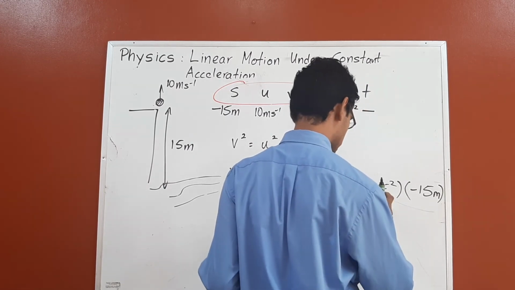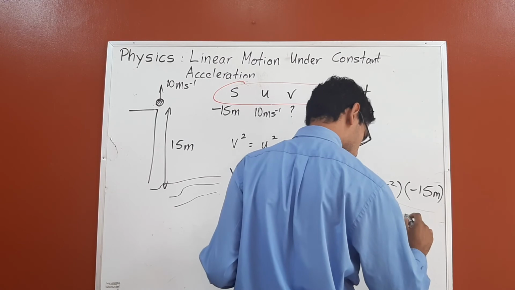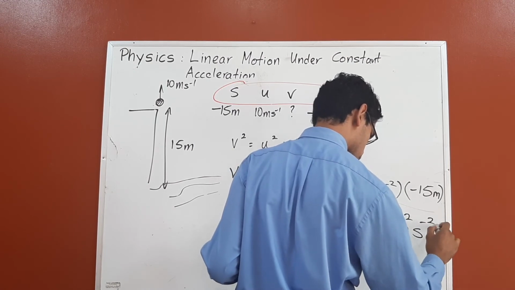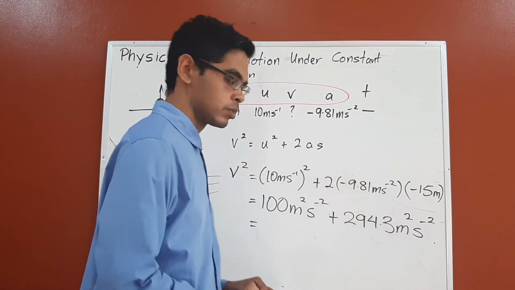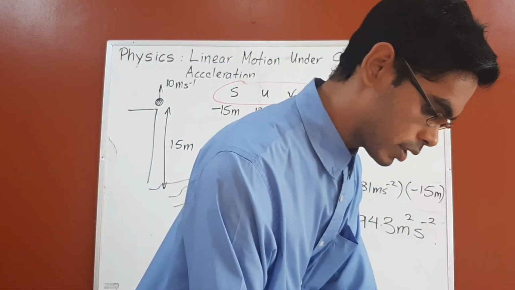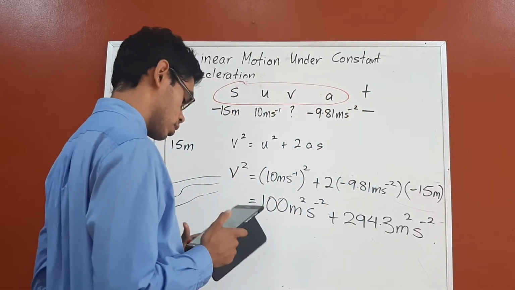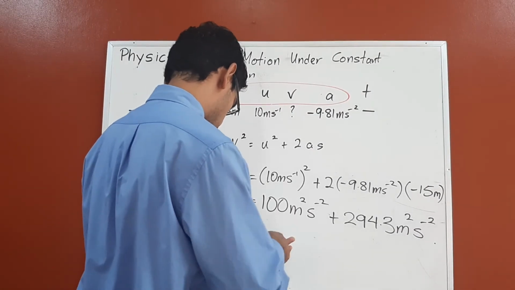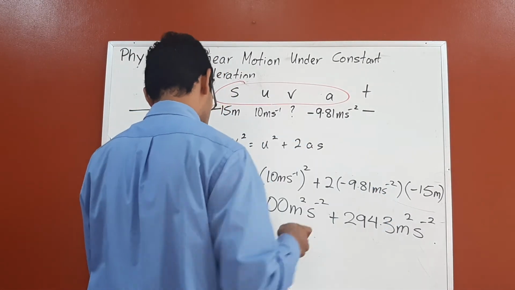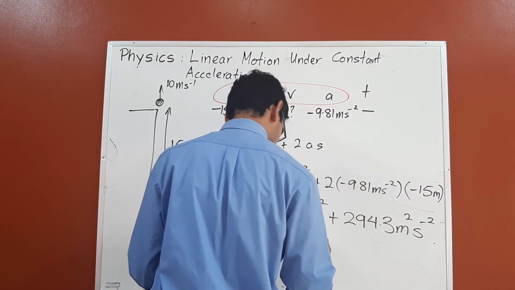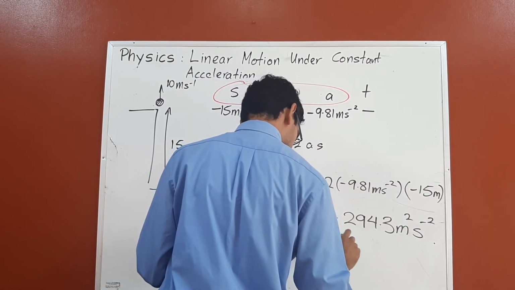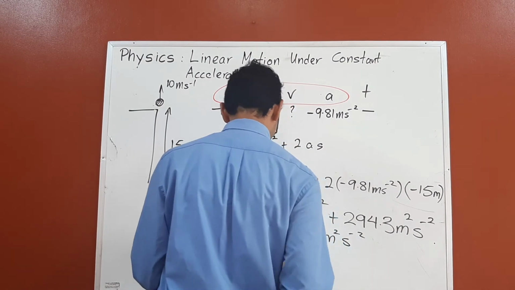That's meters times meter is meter squared per second squared. Then, obviously, we have to add 100. We're going to end up with 394.3 meters squared per second squared.